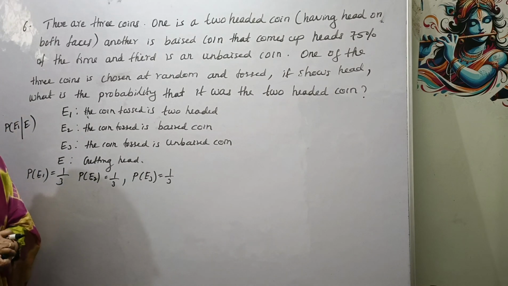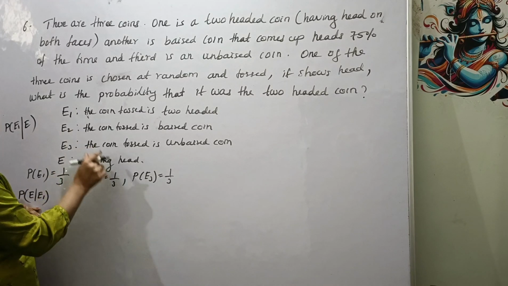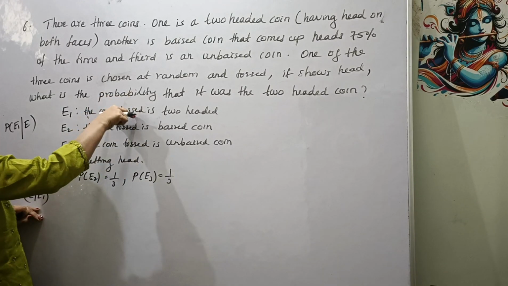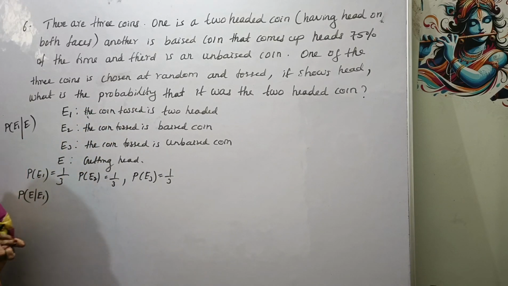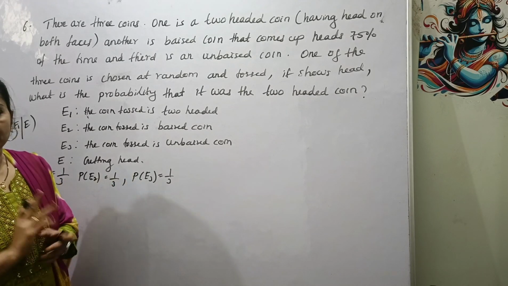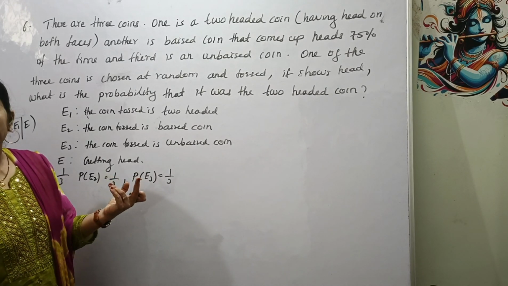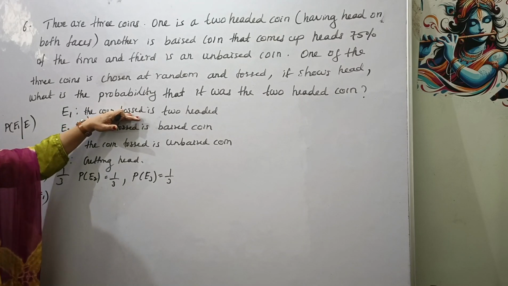Applying the Bayes theorem formula, for that we need to find probability of E given E1. That is the probability of getting head given that the tossed coin is two-headed. There are only 2 heads, right? There is no tail. Therefore, here we get only head.